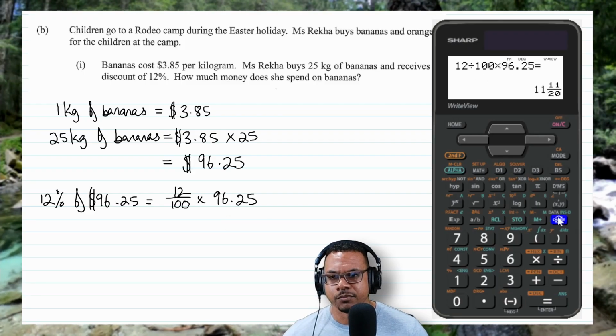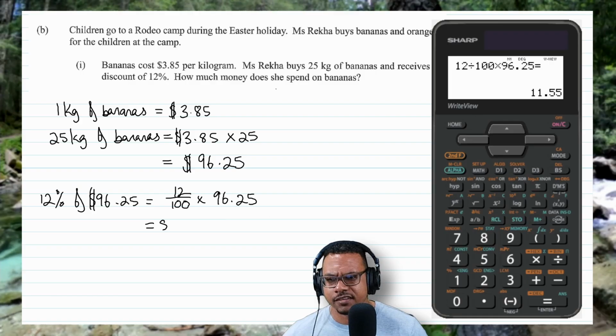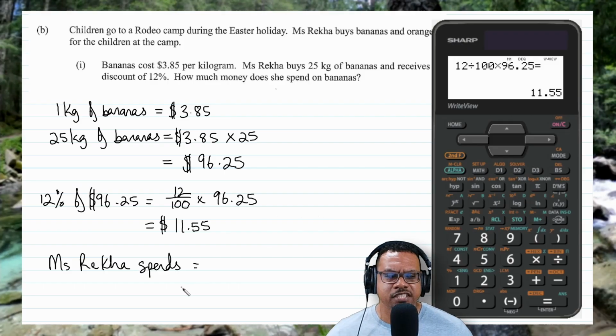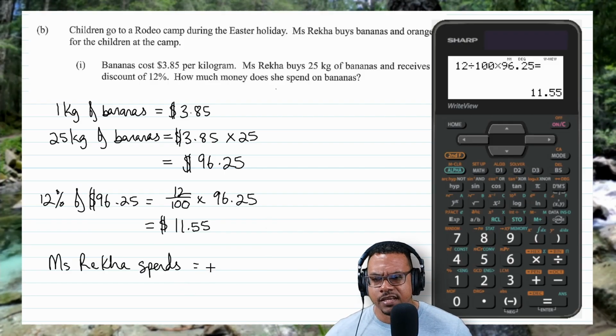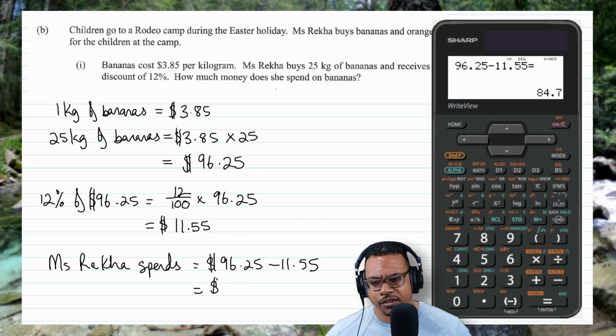So the answer for that will be $11.55. So the total amount of money she spends on the bananas would be 96.25 take away the $11.55. So that'll be equal to $84.70.